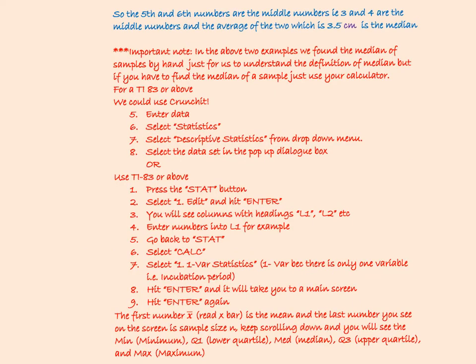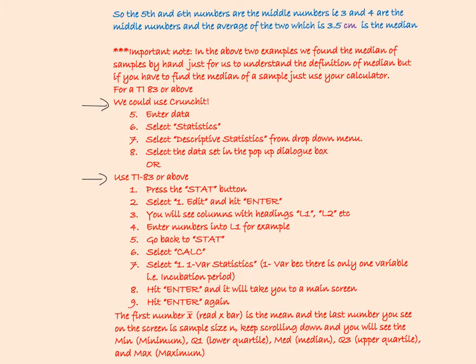What you see here is a set of instructions to find the median using Crunch It, and also finding the median using the TI-83 or above calculator. Now, if you follow the instructions for the TI-83 calculator or even the Crunch It instructions, you're not only going to find the median, but lots of other information like the mean, the lower quartile, the upper quartile, Q1 and Q3, which we're going to discuss in the next part.